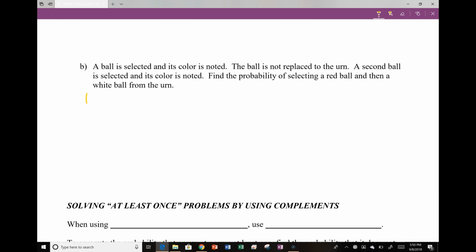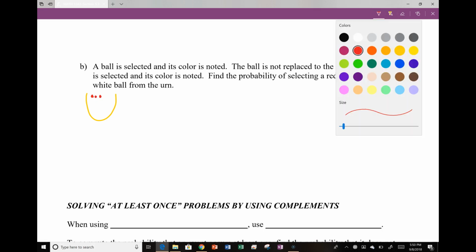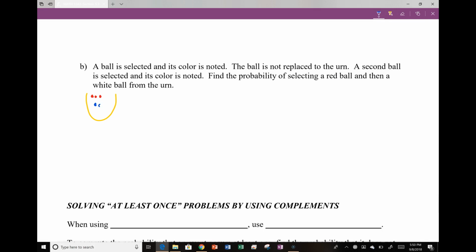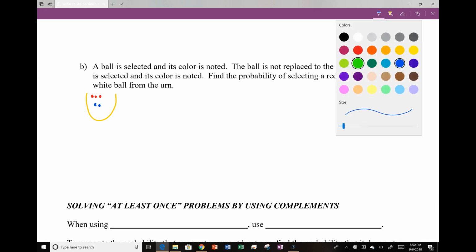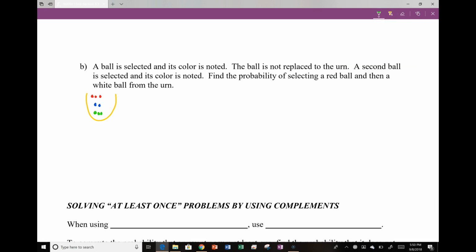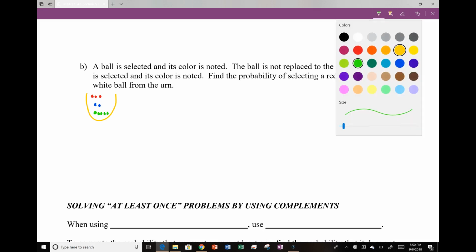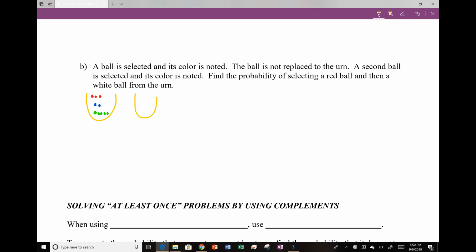Let's look at a second example of this. Okay, so we have our urn. The first urn is going to contain 3 red, 2 blue, and 5 white, which in our case is green. Then we're going to draw a second time.